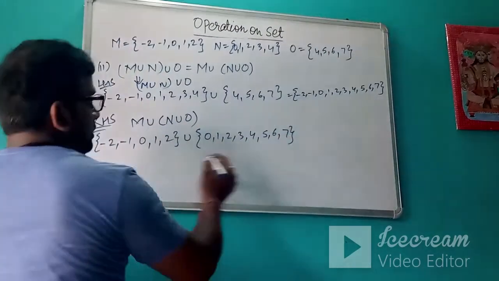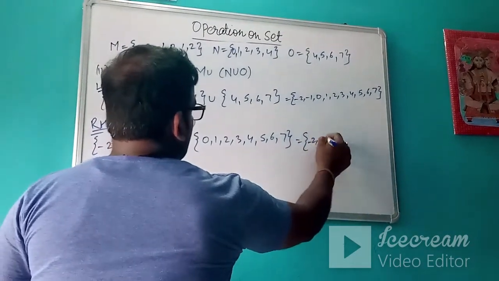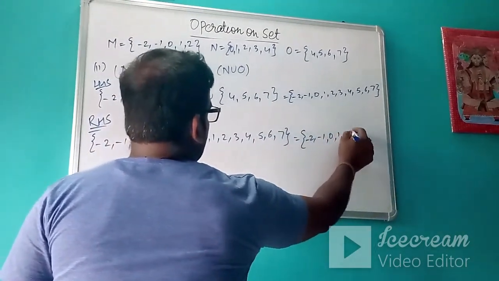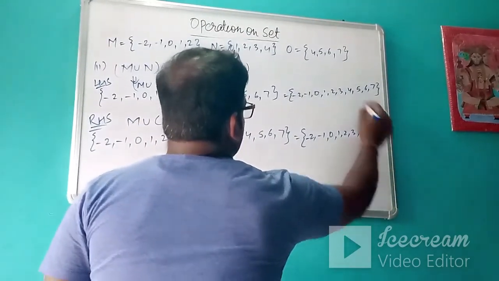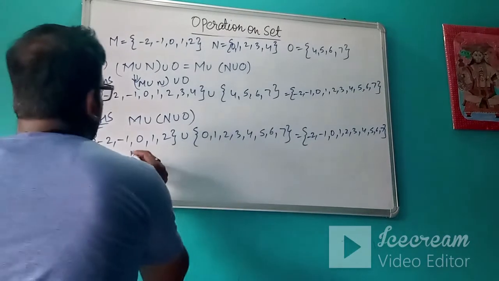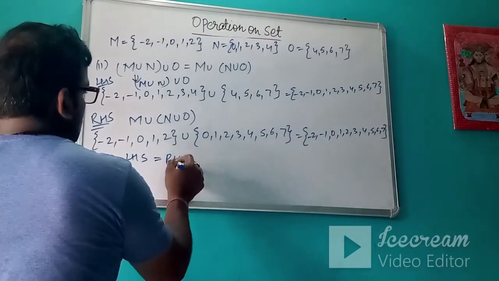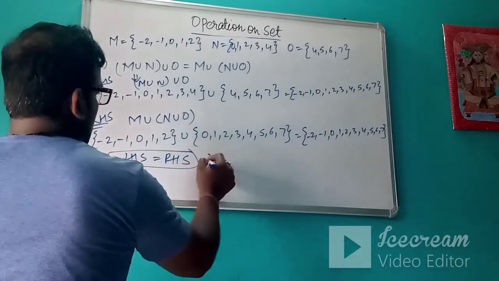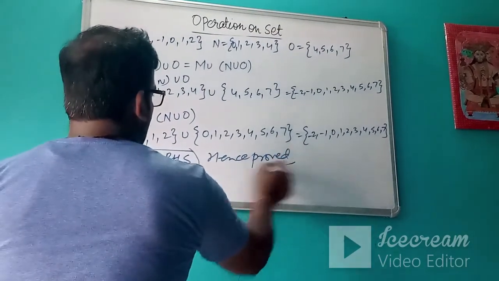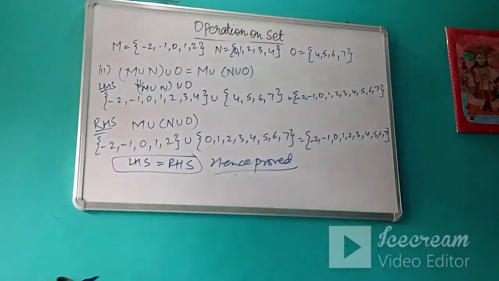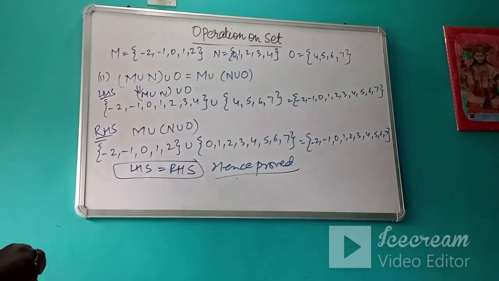So its union will be how much? -2, -1, 0, 1, 2, 3, 4, 5, 6, 7. So again you can see clearly that LHS is equal to RHS. Hence proved. Okay, so this is how you can solve the questions related to the union of sets. Operations on sets we will discuss next.